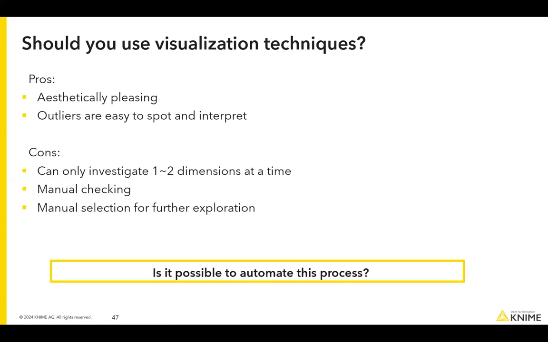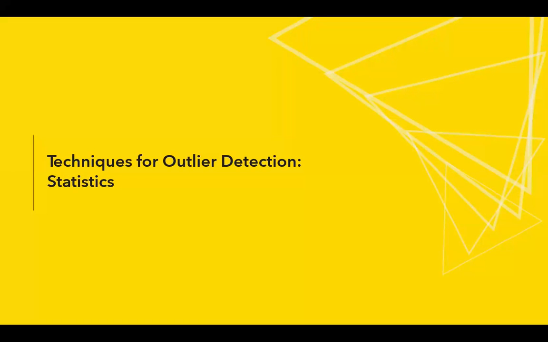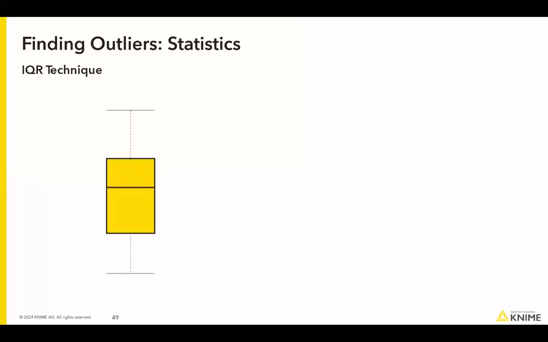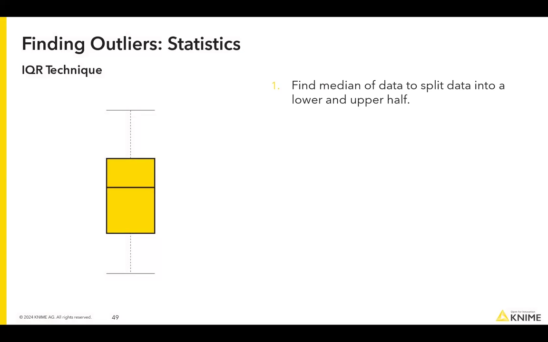So if you want to automate this process, the simplest approach would be to use statistical properties of your data. One possible technique here is called the interquartile range technique, and I already briefly showed it on the box plot. You first find the median of your data.